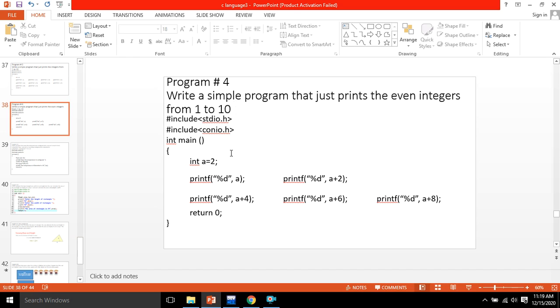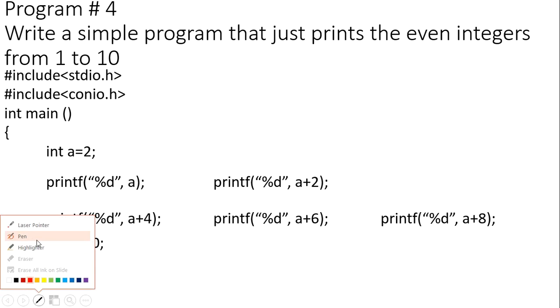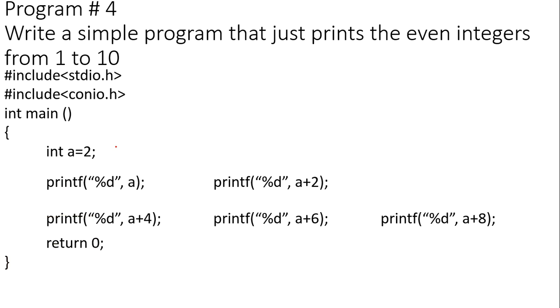So the first thing is that we will initialize the variable a is equal to 2, because in the last lecture we wanted to print the integers from 1 to 10. So it means 1 2 3 up to 10, all the numbers were included.